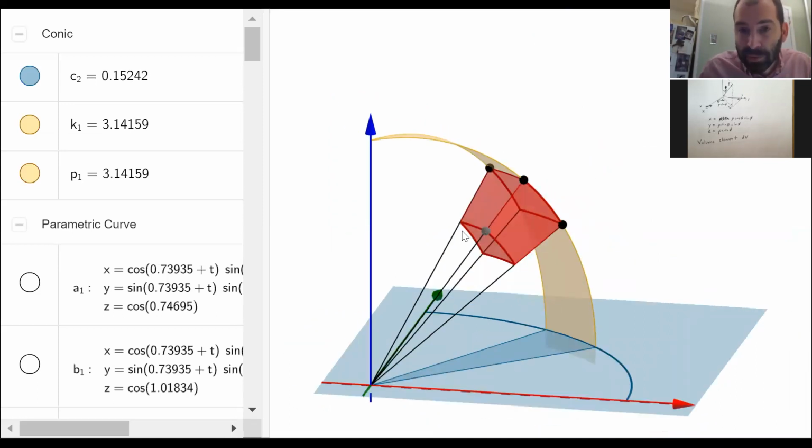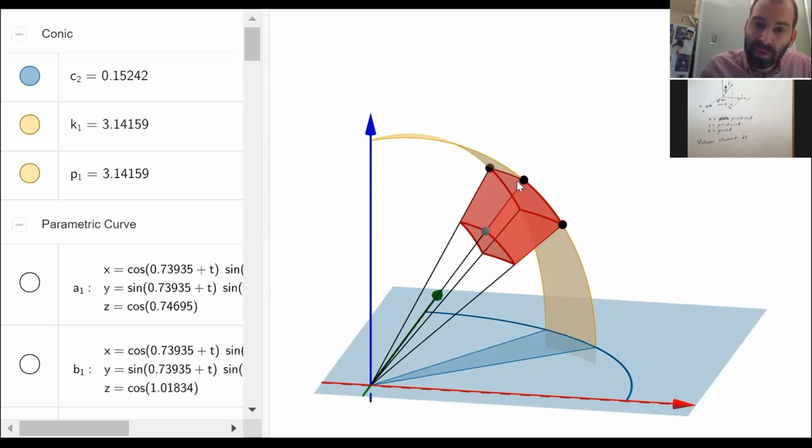So we want to find the volume of this. The distance in this direction is a small change in rho, so it's a d rho. That's going to be part of it. Then the distance in this direction is the theta. Remember, just like in polar coordinates, we don't have just d theta, we have r d theta. But in this case we don't have r, we have rho, so this distance is going to be rho d theta.